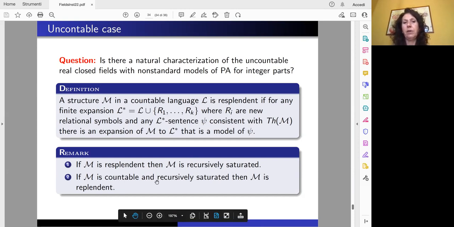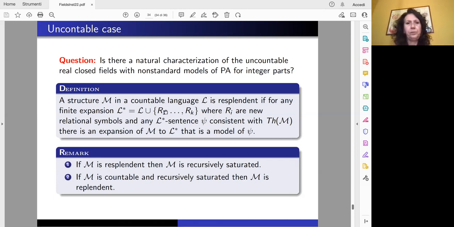Actually, for countable structures, recursive saturation and resplendency coincide. If a structure is resplendent, we can expand it with relations if there is compatibility.